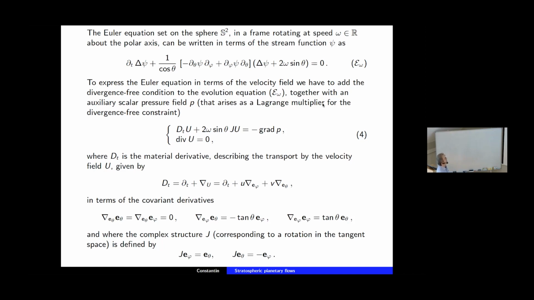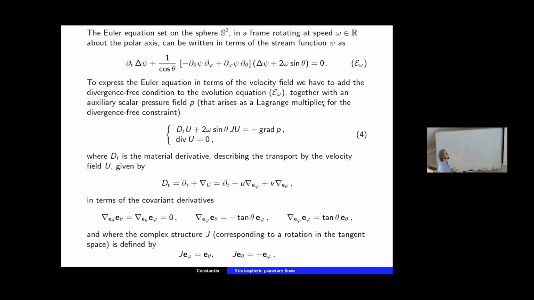You see in the expression of the Laplacian, and here the cosine, that these are the signs that this is in spherical coordinates. Now it's much easier to deal with the stream function.